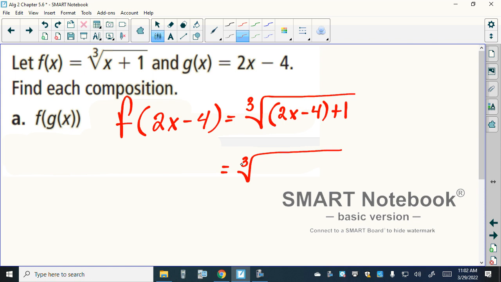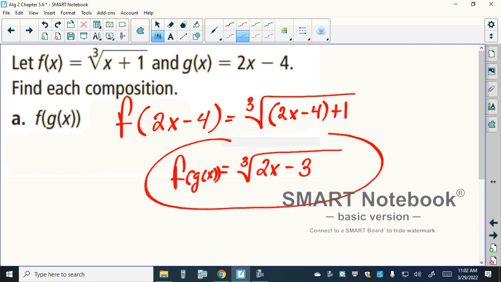No, there's no negative sign. There's nothing being multiplied. There's nothing squared. So realistically, we can drop those parentheses and combine like terms. Negative 4 plus 1 is? That's it. Because there's no way to simplify that radical.